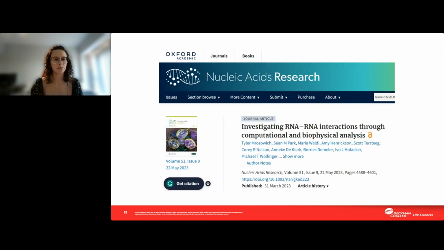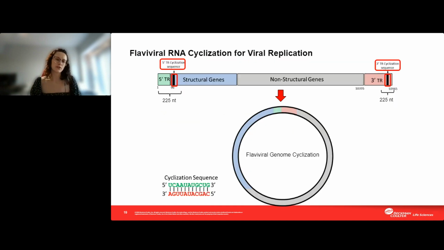The work that we did here was published in Nucleic Acids Research, and it was done in collaboration with Dr. Tushar Patel's lab at the University of Lethbridge. For this work, we were working with a flaviviral virus, and its genome is single-stranded RNA.